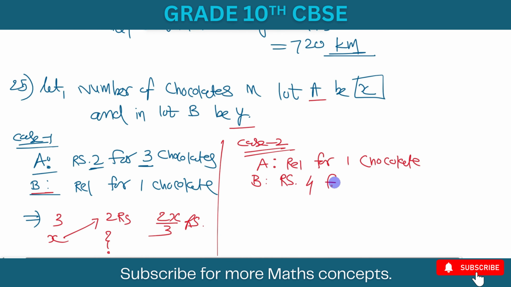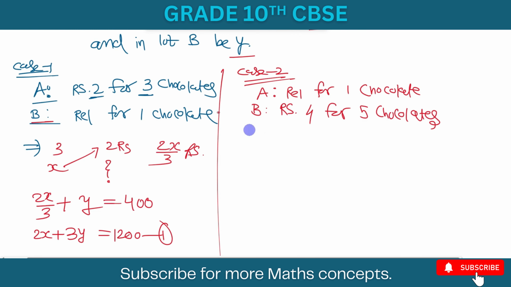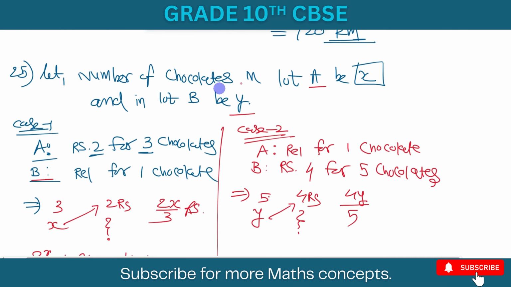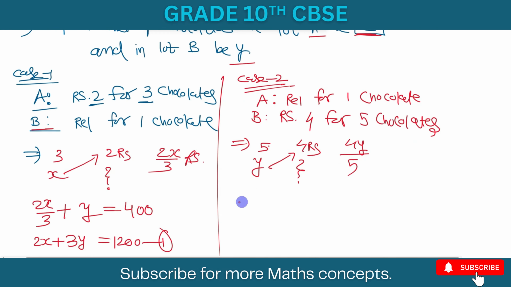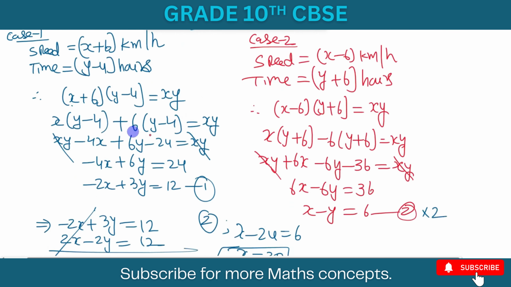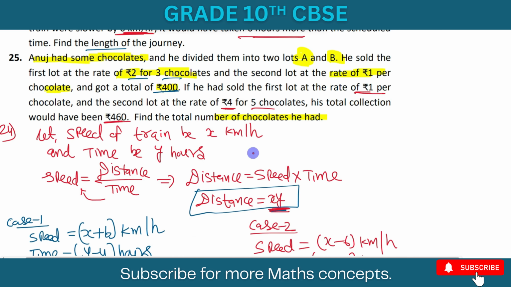So for lot B, 5 chocolates 4 rupees. In lot B we have y chocolates, so y chocolates how many rupees? According to the unary method, cross multiply: 4y and 5 will go in the denominator. For lot A, 1 rupee for 1 chocolate, so x chocolates, x multiplied by 1, x rupees. And here 4y upon 5 rupees, the total amount generated is 460.